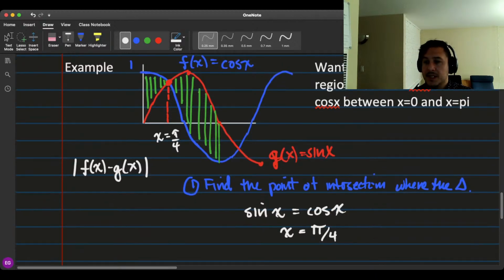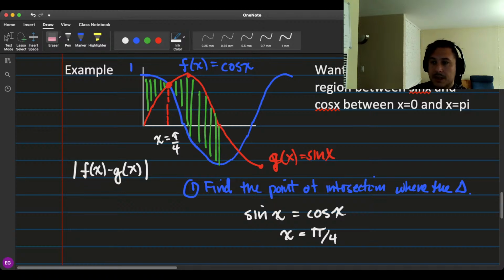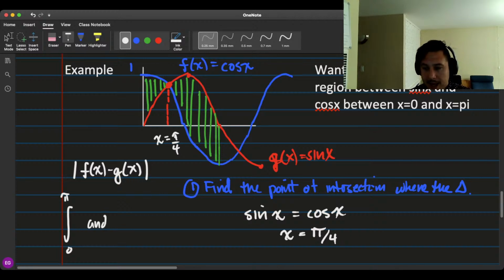So we're going to split this problem into two different cases. There's integrating from 0 to pi over 4, in which case f is on top. And then integrating from pi over 4 to pi, in which case g is on top.